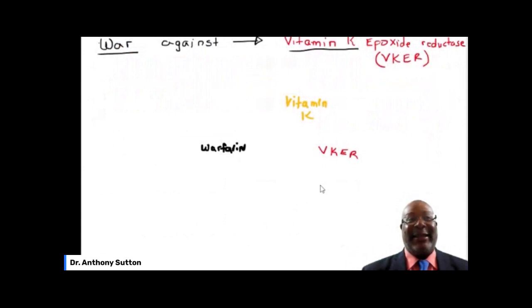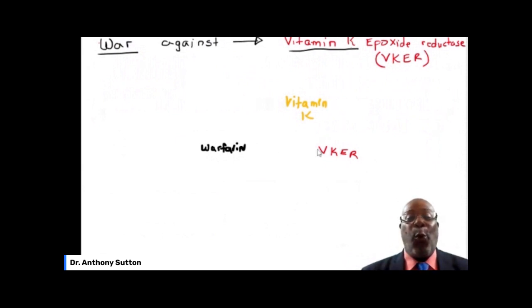The next thing is they want to know the mechanism of action for warfarin. How does warfarin work? Think of it like this: warfarin is war. What is it war against? It's war against vitamin K. What does vitamin K do? Vitamin K is important for clotting.